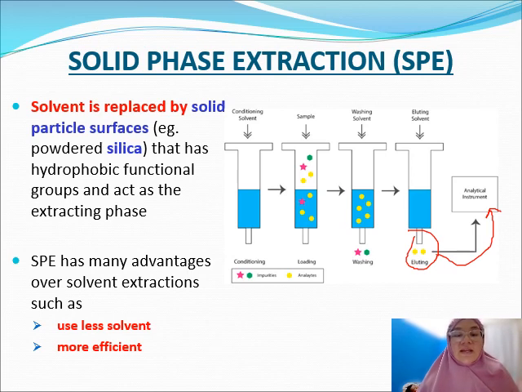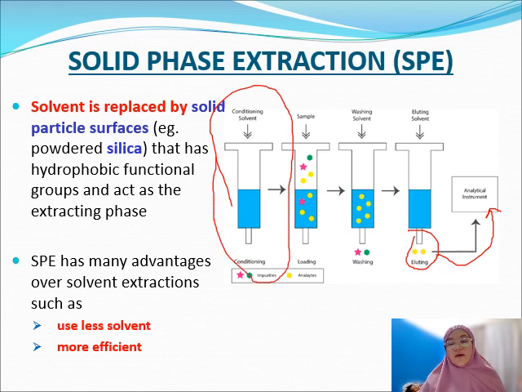Okay, again, dia hanya menggunakan solvents yang berbeza untuk washing solvent, eluting solvent and conditioning solvent during the process of extraction. Okay, so dia less of using solvent sebab the size of this, it's like a pipette, it's quite small.